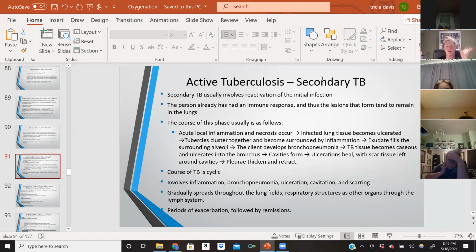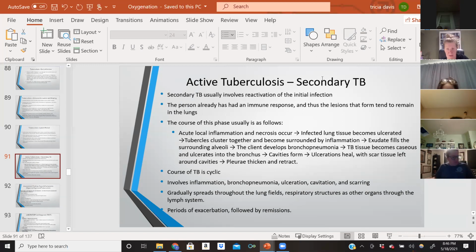You have that acute local inflammation, you get that necrosis, the infected lung tissue becomes ulcerated. Those tubercles come together, they cluster together, they become surrounded by inflammation. Exudate is going to fill around all those little alveoli. The client is going to develop what they call bronchopneumonia.